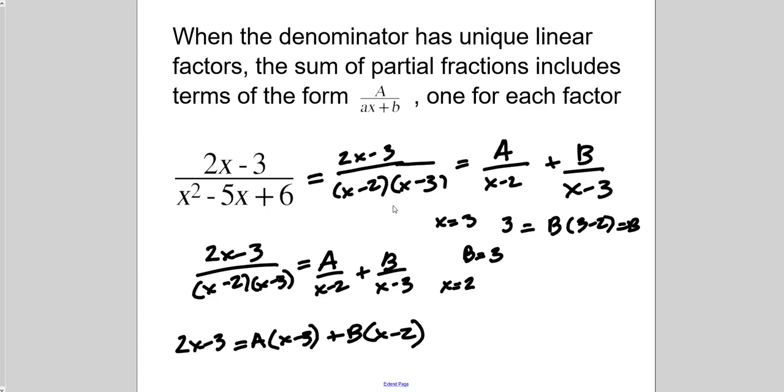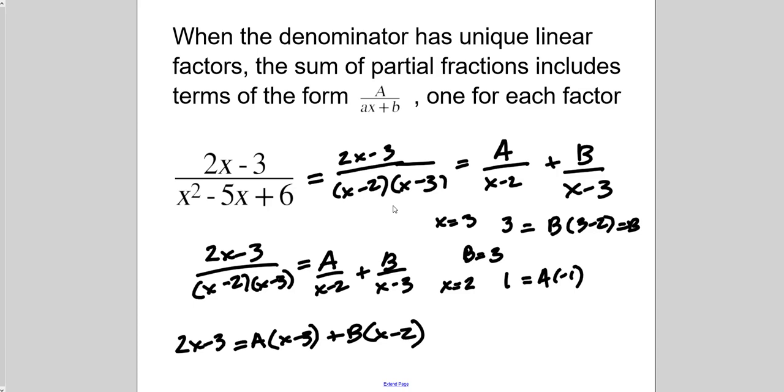So when we plug in 2 into 2x minus 3, we get 4 minus 3, which is 1, equals, so we plug in 2 here and we get a times negative 1, and then b times 2 minus 2 is obviously 0.